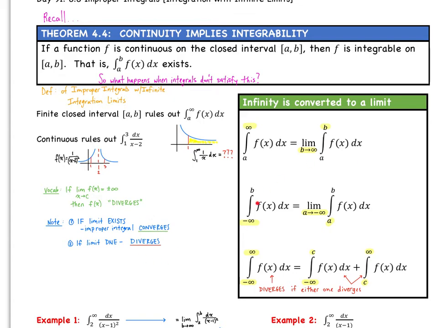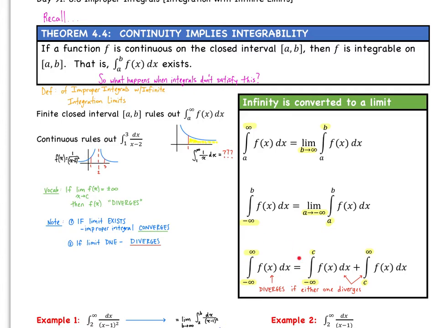Going back to the other portions of these improper integrals, if I'm integrating from negative infinity to b of that function, we would change it to the limit as a approaches negative infinity, and now we write a as part of our integral. So we treat it as if it is a closed interval, but then we take the limit after we go through the integration.